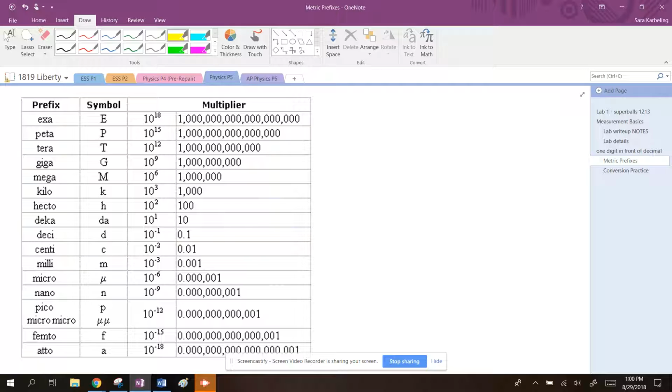If you were writing something down to keep this in mind, the ones that I would make sure that you know are kilo, which is 1,000, centi, which is 100th, milli. Those are like the three big ones. I would also encourage you to be familiar with micro and nano because we use those a decent amount in physics as well.